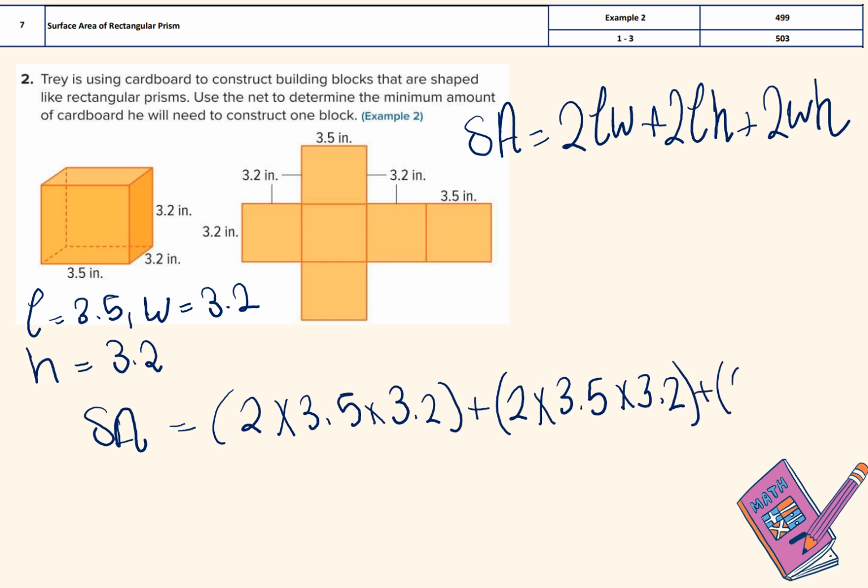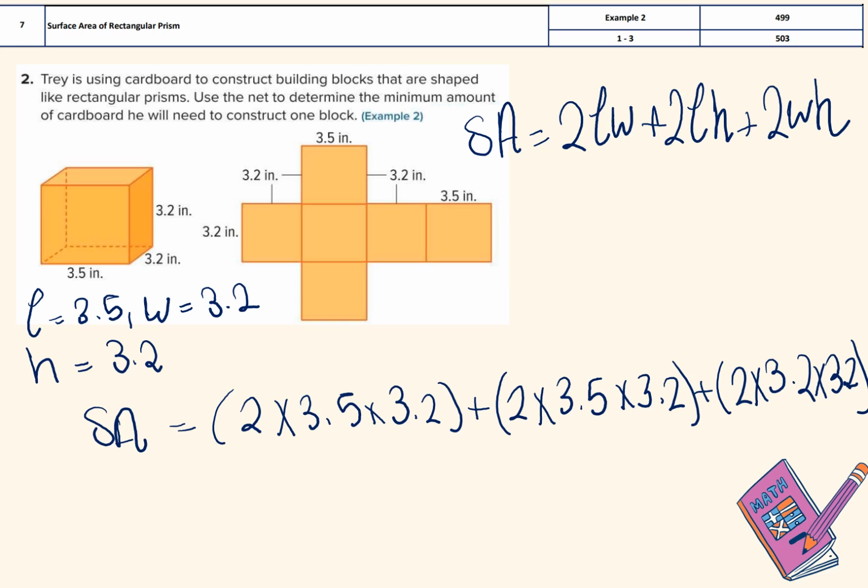Finally, 2 times the width times the height, which is 3.2 times 3.2. Okay? Be careful that we are multiplying what is inside the parentheses, and then we are going to add them.